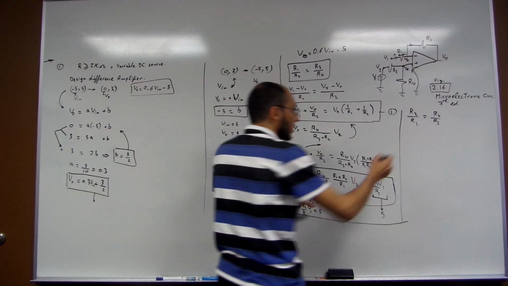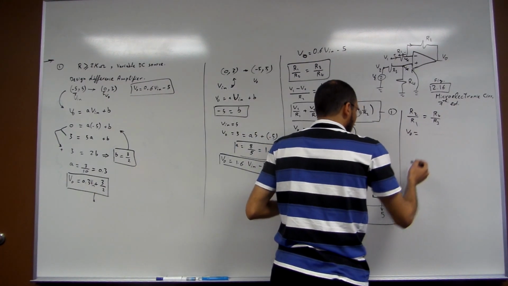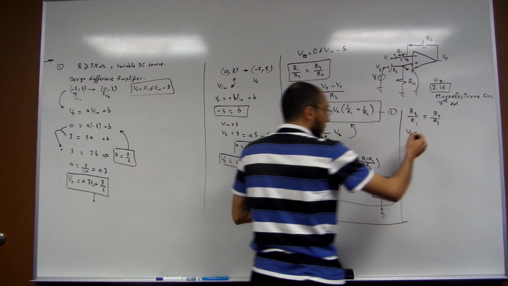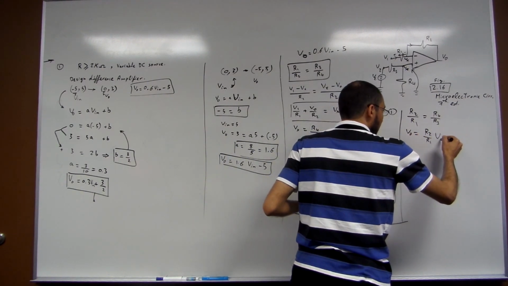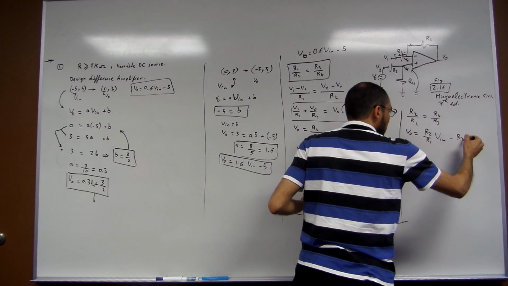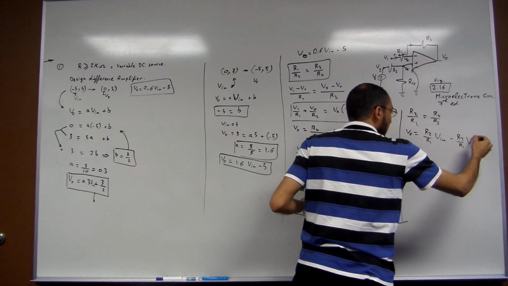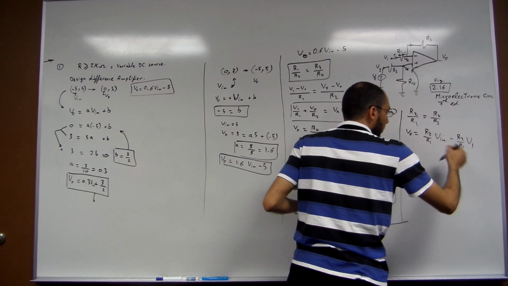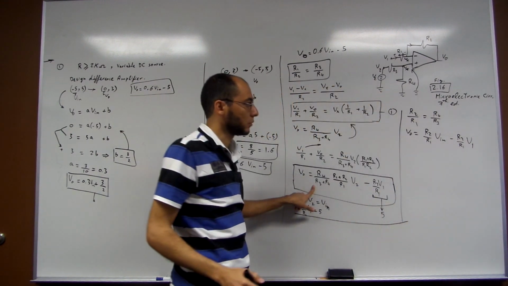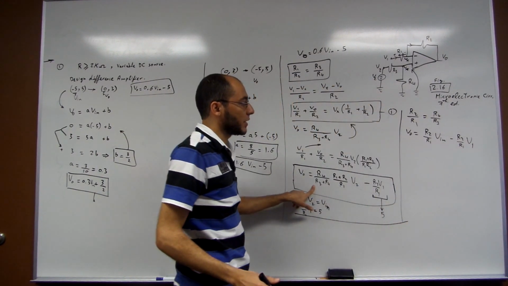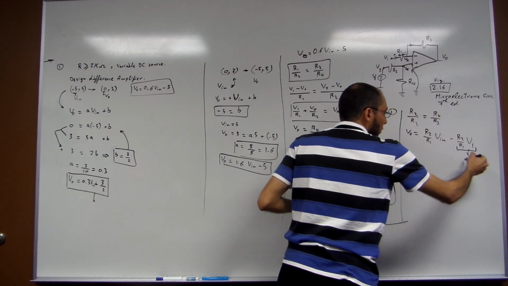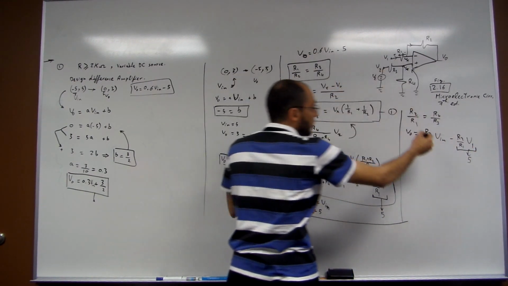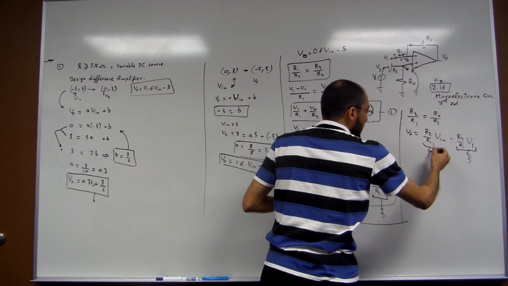If I put this here, if you do the math, you'll get V output equals R2 over R1, V input minus R2 over R1, V1. Obviously this value is 5, so it maps to this equation, so you need this to be equal to 0.6.